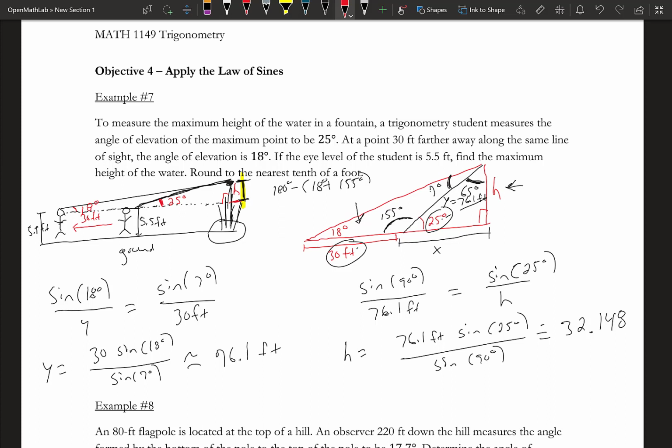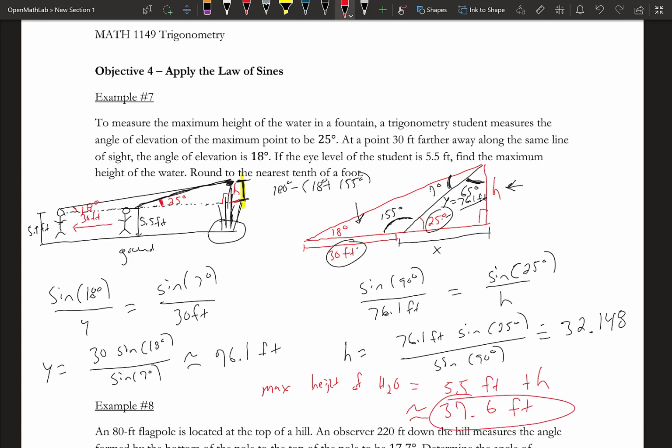So the maximum height of the water would be equal to 5.5 feet plus h, which comes out to be approximately 37.6 feet. We're asked to round to the nearest tenth of a foot, so there's the final answer.